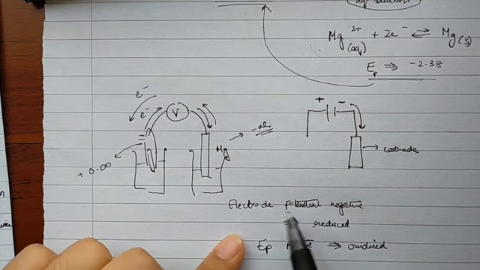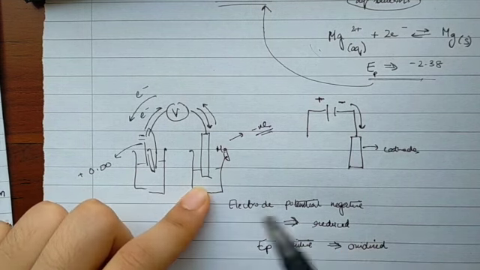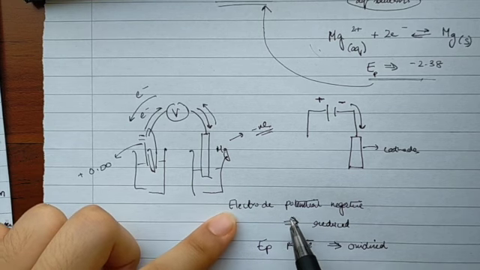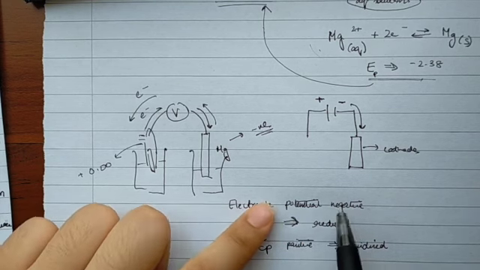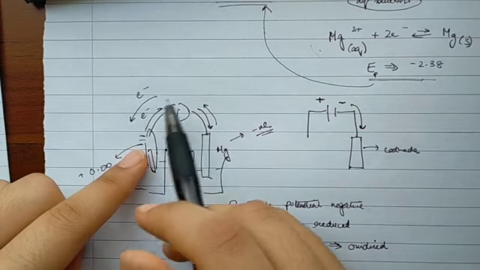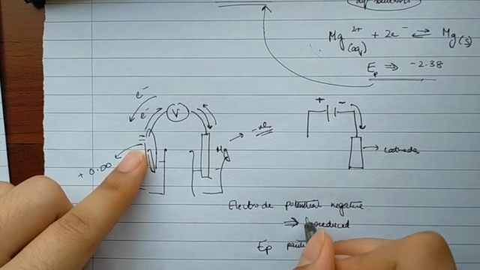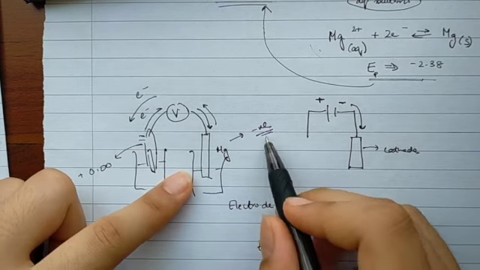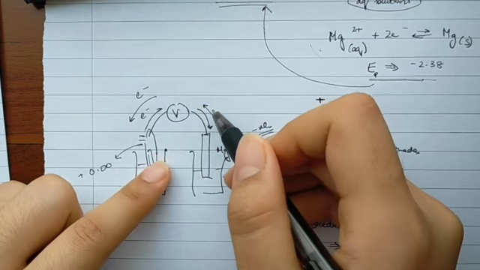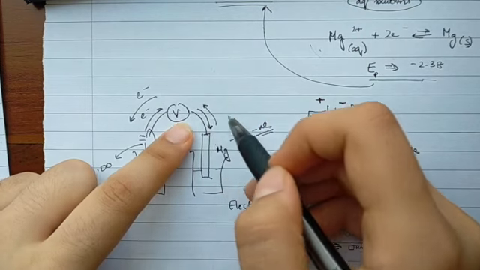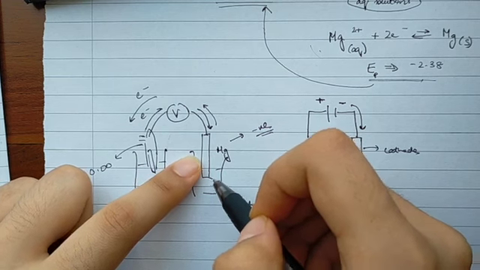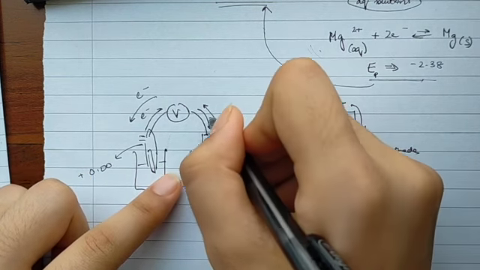Depending on what metal you attach here, and whether the electrode potential is positive or negative, the electron flow will differ. Since in this case the electrode potential of magnesium is negative, the electrons will have to come into magnesium so that it can be reduced.